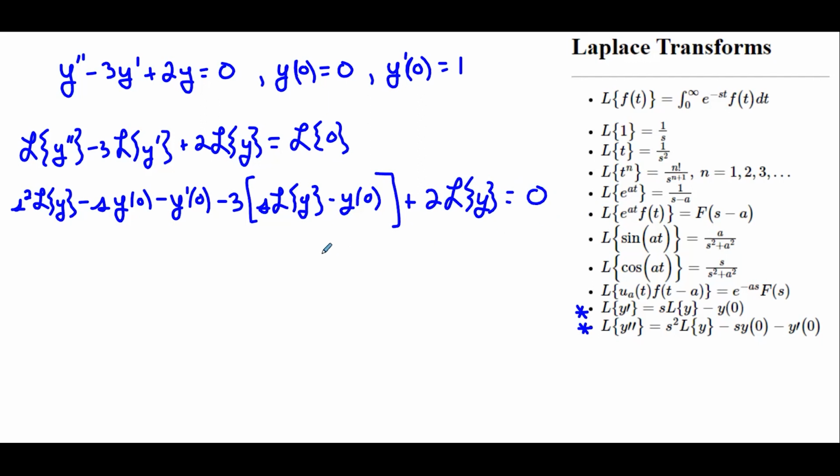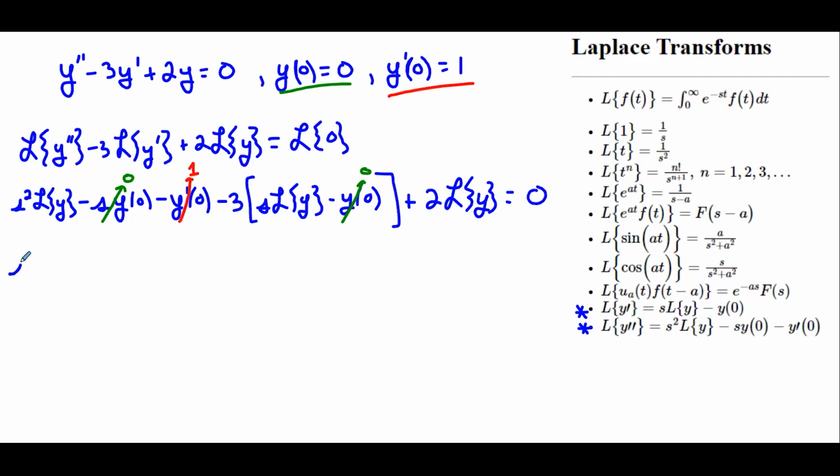All right, so at this point, we can plug in our initial values. So y of 0 equals 0. So we could just go through and get rid of all the y of zeros. And then y prime of 0 is equal to 1. So this guy is going to be 1.